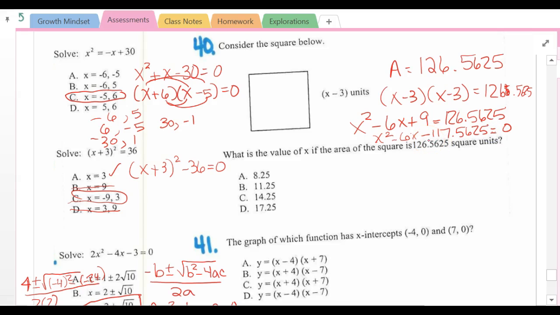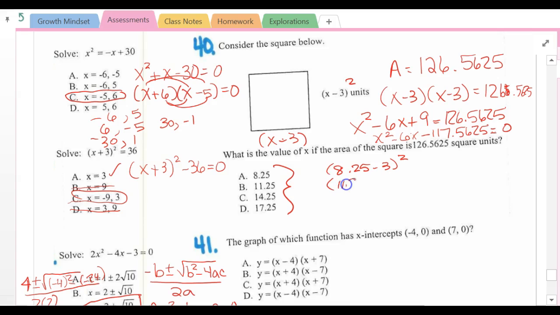So, what is another method that we could do to approach this problem? If I know that this has to be squared, because this is finding area, this is also going to be the same side, and I know I have these answer choices, I could put in these values for x and see which one works. So I could try 8.25 minus 3 quantity squared.